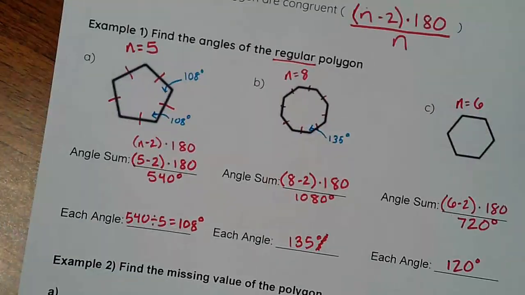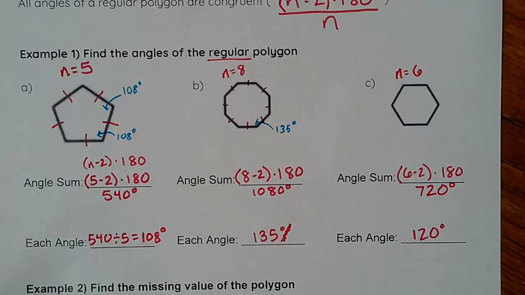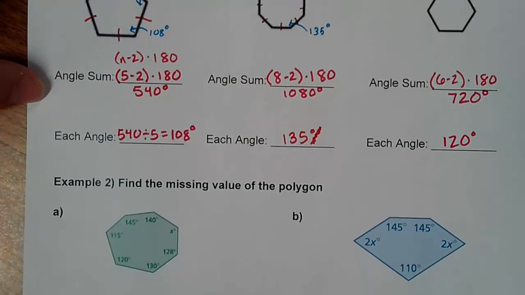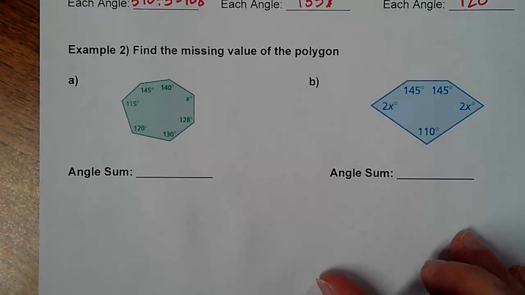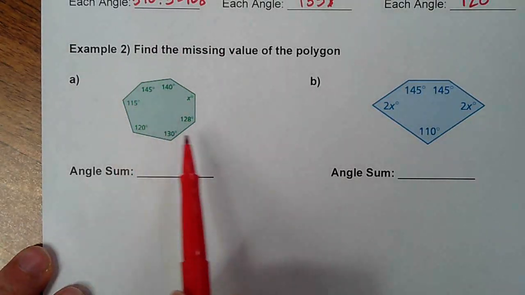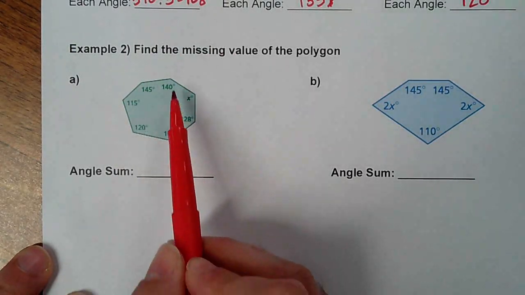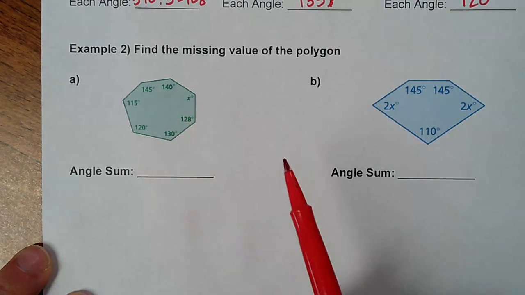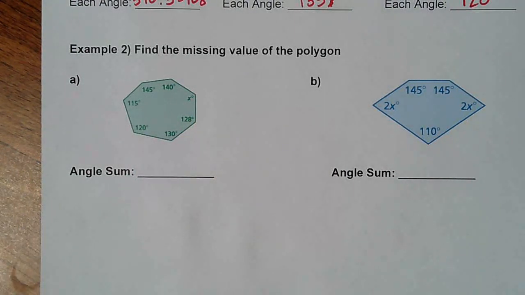All right, so why is it useful to know the total sum? Well, it's going to help us in a problem like example 2. Find the missing value of the polygon. I'm looking at a polygon here and I see some angle measures. I see one of them is missing. My goal is to find that missing one.